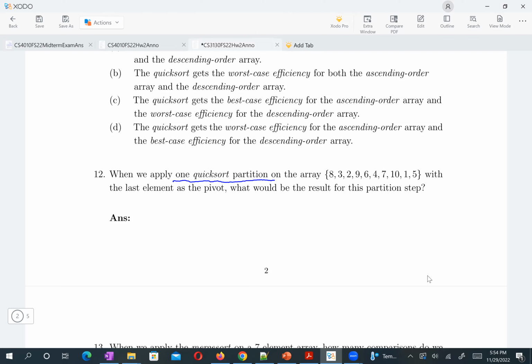So you need to study those slides and understand the whole procedure. Then after you understand, you apply it here. Just apply it once. We only need one partition. Do not do the whole quick sort, just one partition. That's good enough.